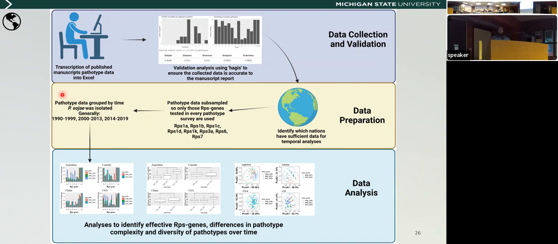So generally, we were looking at the 1990s, 2000 to 2010, 2012-ish, and then 2013 up until present day samplings. And then we performed our data analysis looking at efficacy of resistance genes, pathotype complexity over time, and then comparing the composition of those pathotypes over time.